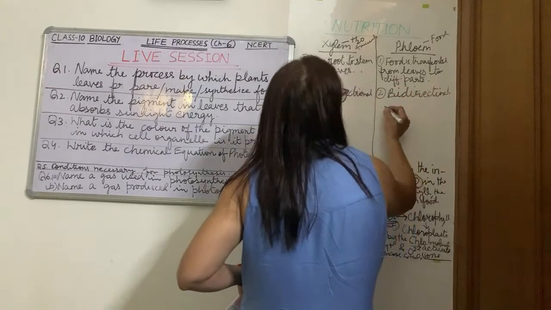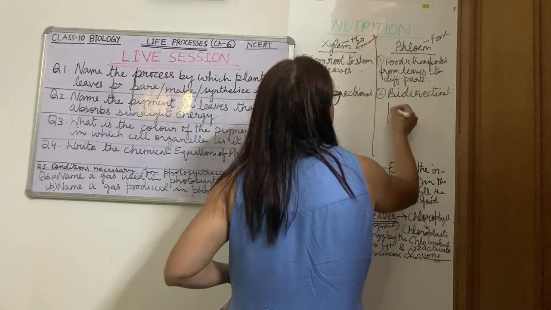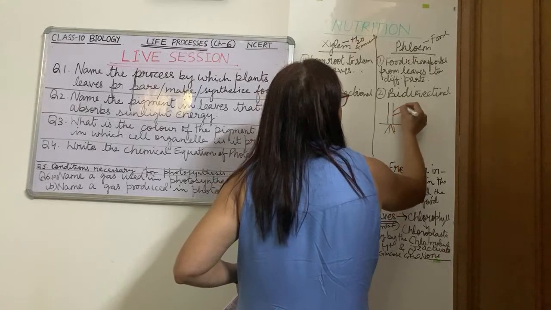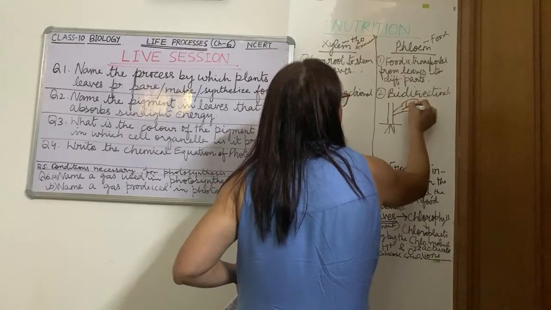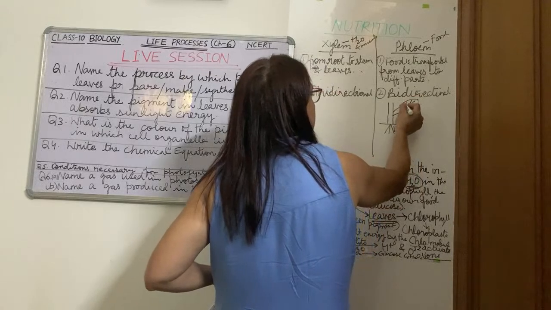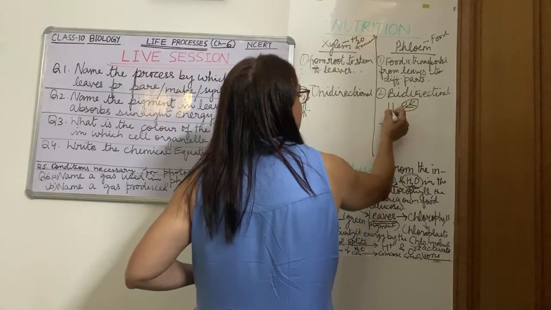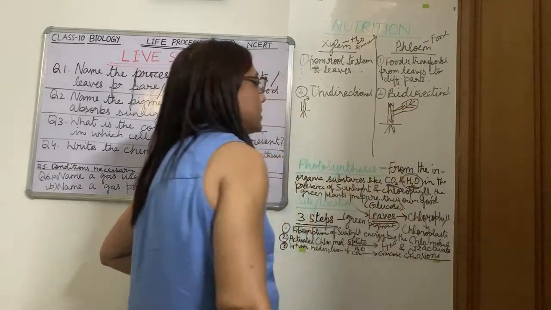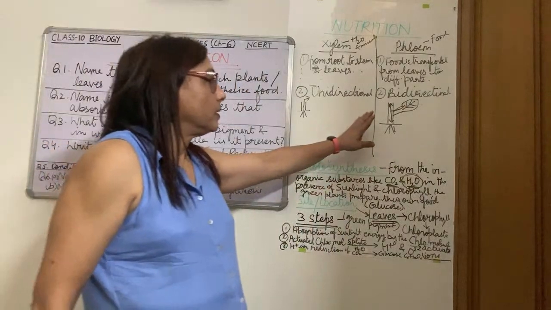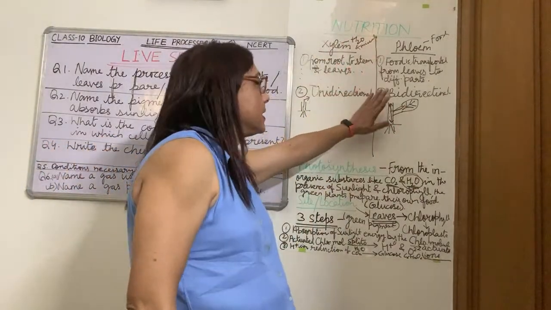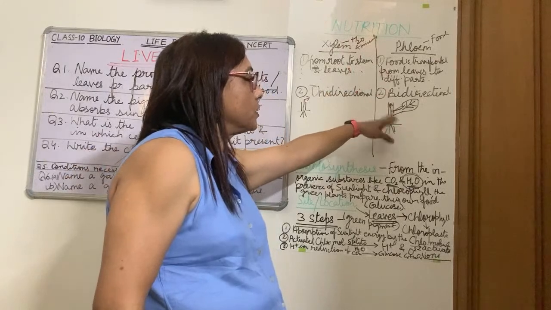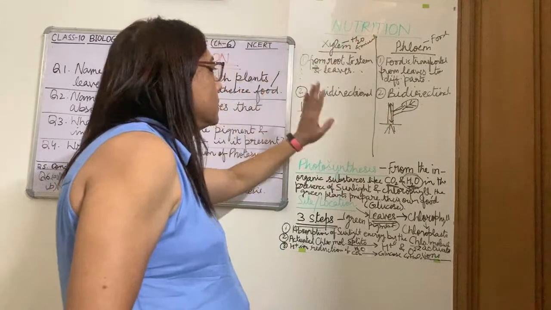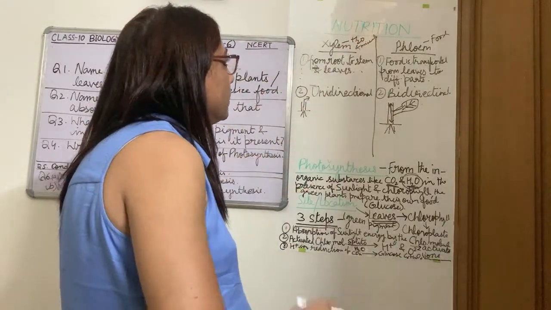Bidirectional means, children, like this is the stem, these are the roots, and this is a leaf, for example. So the food which is prepared in the leaf is carried upwards as well as downwards. Even to the roots the food is carried. So to the above parts and the bottom parts. So it is both ways, all over the food is carried from the leaves. So this is the difference in their transportation.